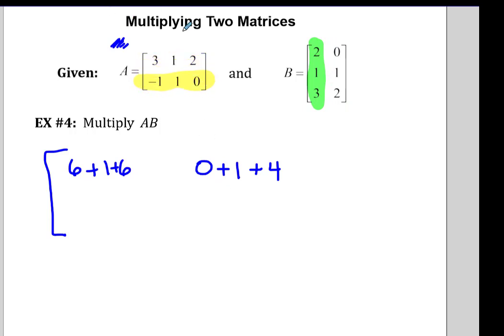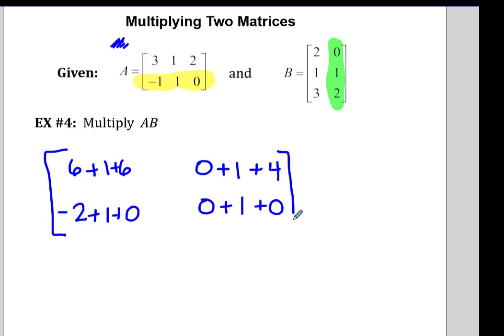So all of the numbers, the sum of the products that go in row 2, column 1, will be negative 1 times 2, positive 1 times positive 1, and 0 times 3. And then our last multiplication is row 2, column 2. So that would be -1 times 0 plus 1 times 1 plus 0 times 2.